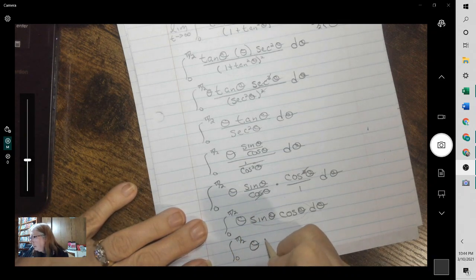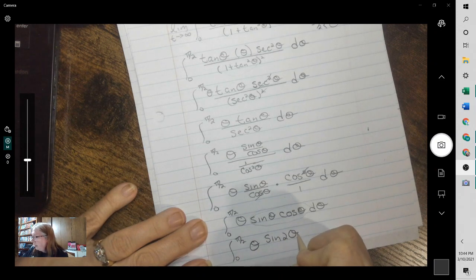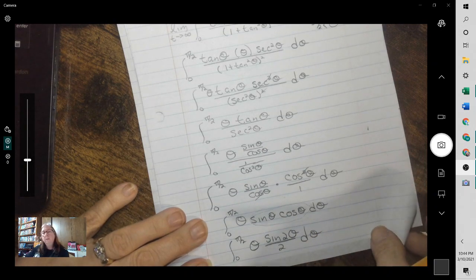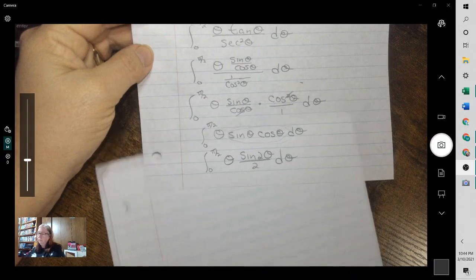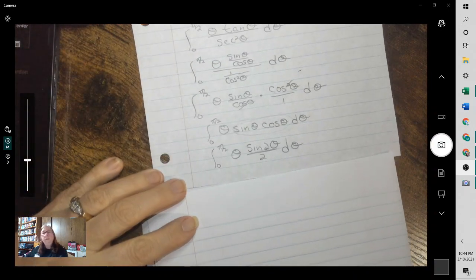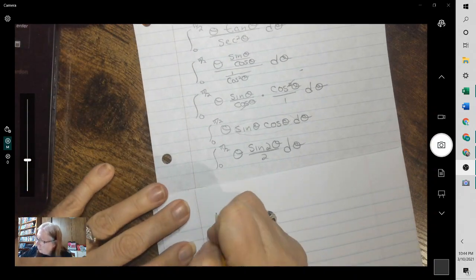So theta times the sine of 2 theta over 2 d theta. Now we can pull that 1/2 out.